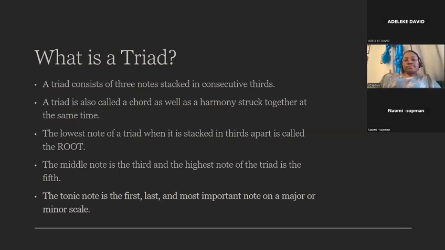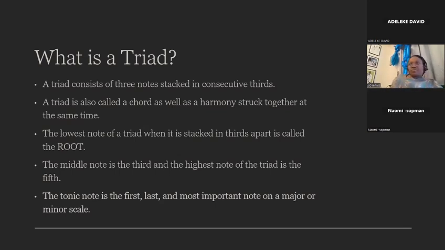Then it is also called a chord. And what is a chord? When you strike these three notes at the same time, it makes a chord or a sound of harmony. And that is why you see that in music, it is very easy to have different parts.